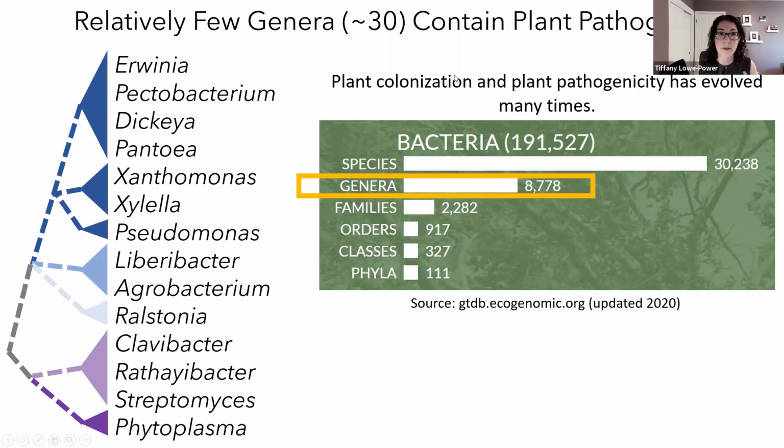And of those, about 30 genera are associated with plant diseases. So overall, not very many. They're also distributed widely across bacterial diversity, although most of them are in the gram negatives, within the proteobacteria, which are all these blue guys.